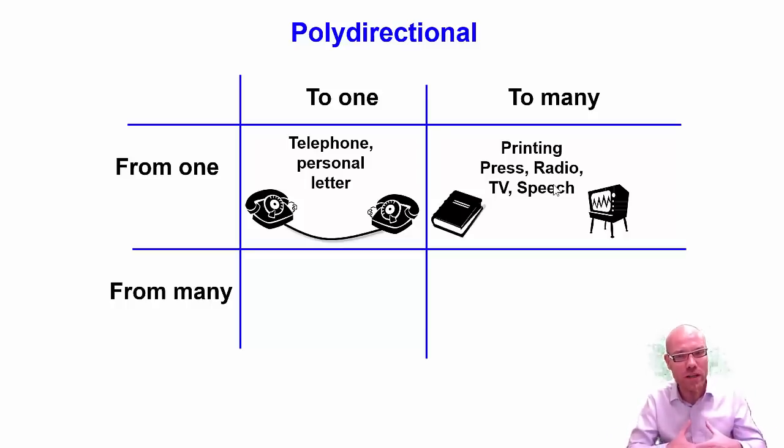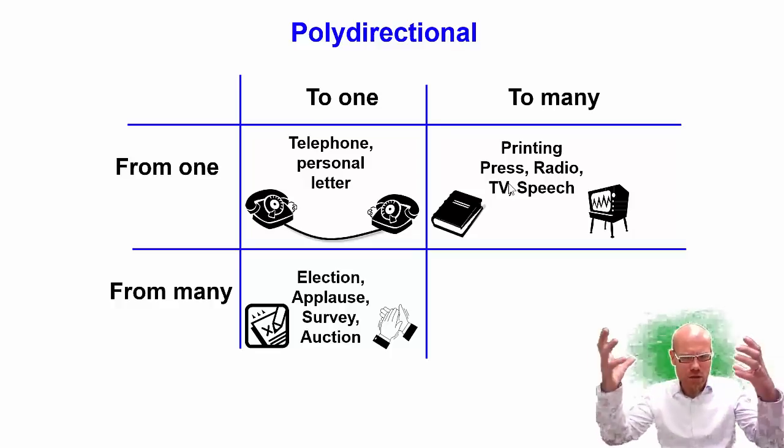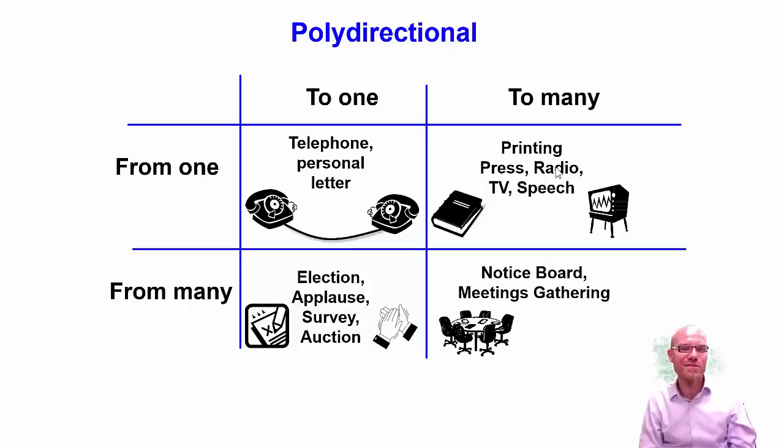Then we can also have many-to-one communication, for example, through an election or applause or a survey. That's when many communicate something to one, or many-to-many communication, which is basically implemented by meeting up.